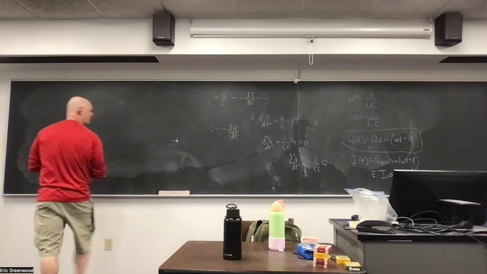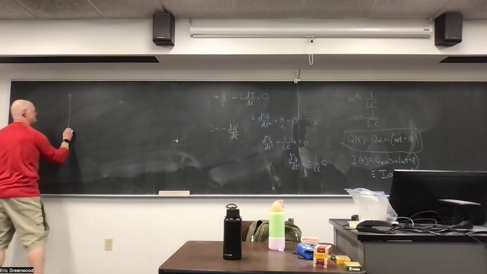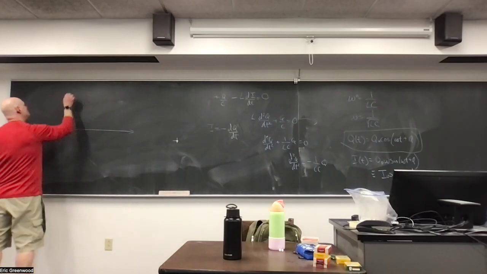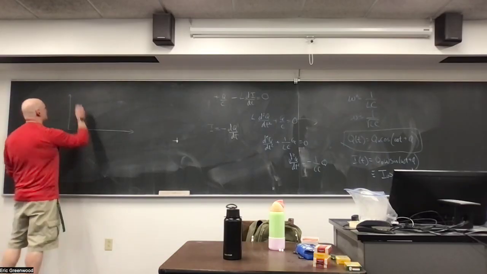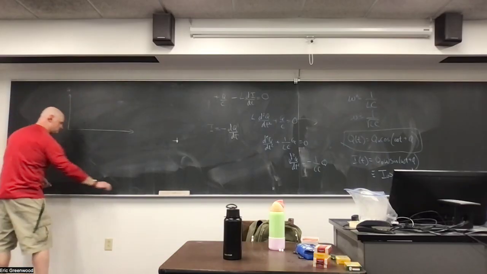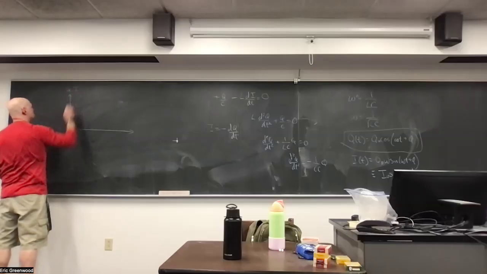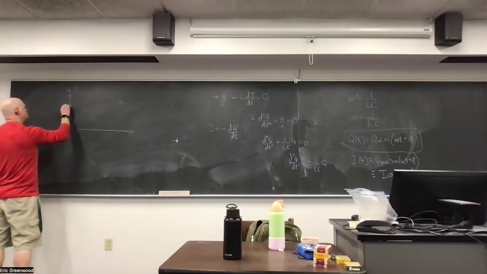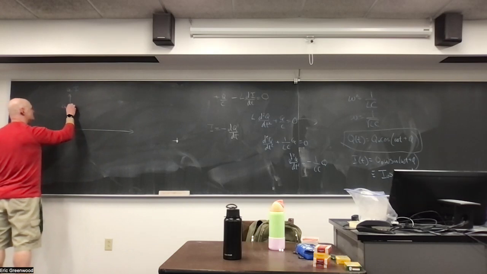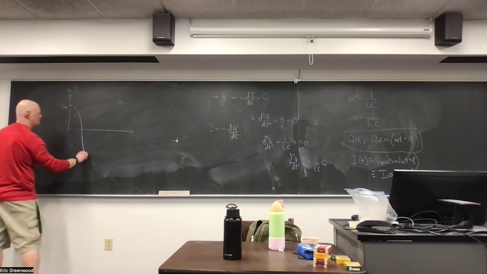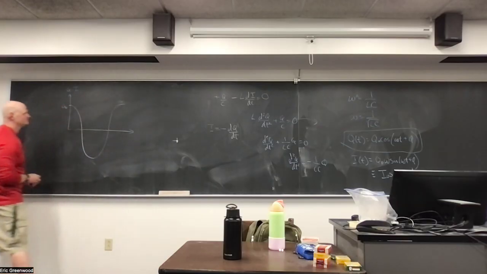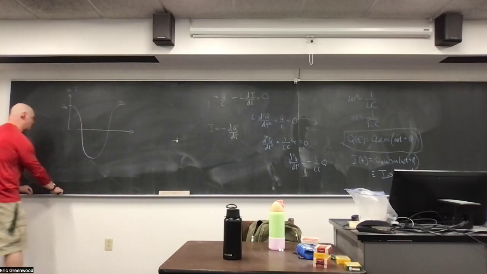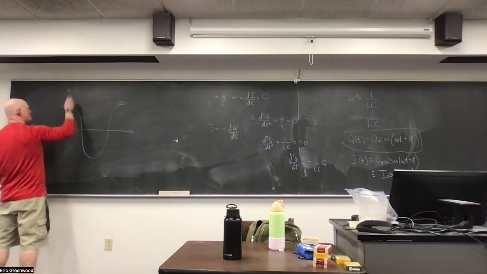So first off, let's plot these two guys. Here I'm going to plot this such that my charge is in purple and my current is in blue. In this case, this thing's going to start off at the maximum amount of charge, Q0, and then going to oscillate as a cosine curve, right? So this is my charge as a function of time. For my current, this is going to be my blue.